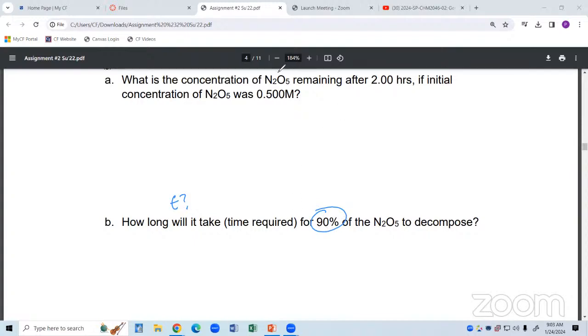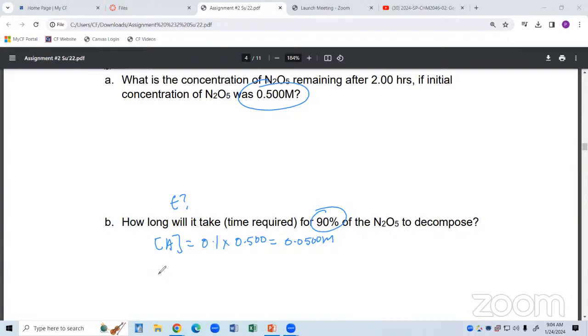So initially we had 0.50 M. Therefore the concentration of A would be 10% or 0.1 multiplied by the initial concentration, which is 0.500, which would be equal to 0.0500 M, all right? So the question is asking for the time.